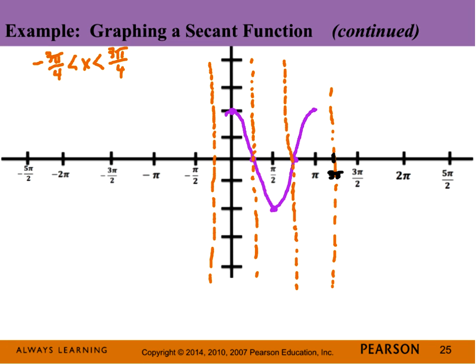So let me just point out that this right here is 3 pi over 4. No, it's not. That's too far, because that's not even pi, and I'm past pi on my graph. 3 pi over 4 is here, and negative 3 pi over 4 is here.